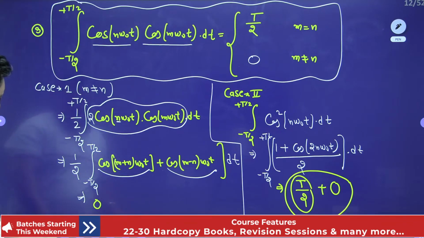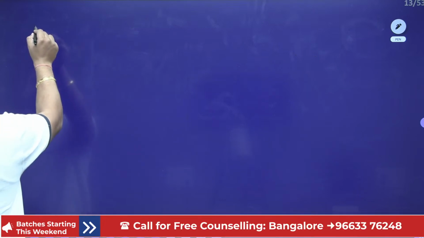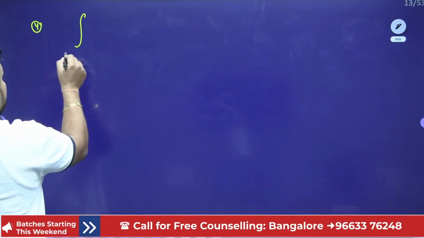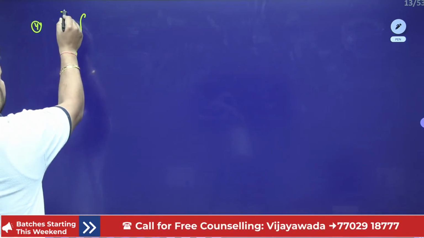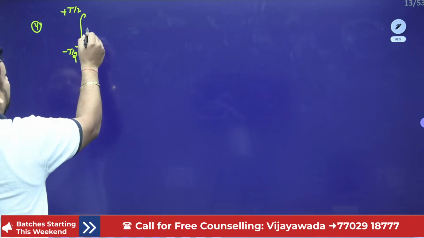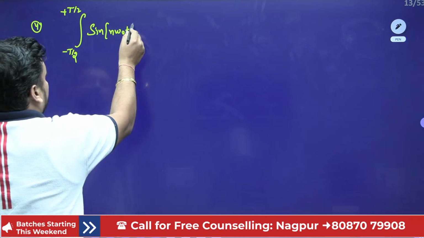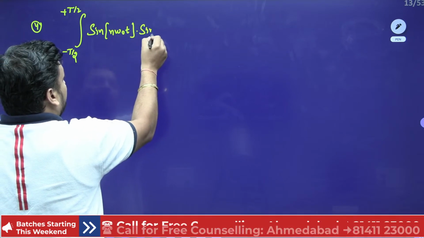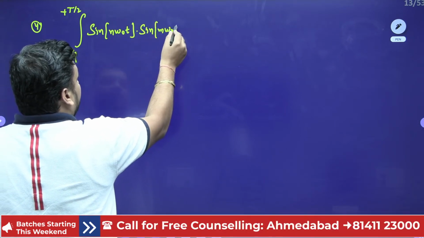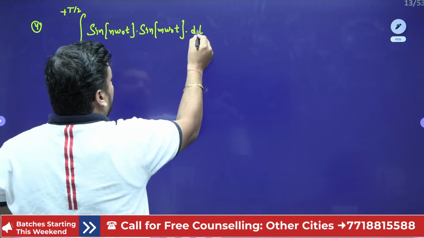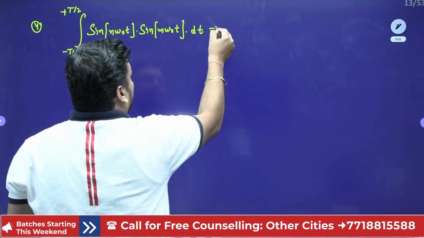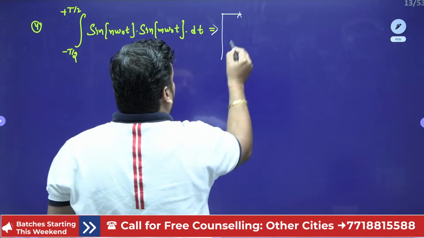So if property number 3 is clear, now I am going for property number 4. You should reply. It is nothing but, sir, integral from minus T by 2 to plus T by 2. Tell me what this time? This time sine of n omega 0 t dot sine of m omega 0 t dt. Then just do reply, guys, fast. What will you get here?